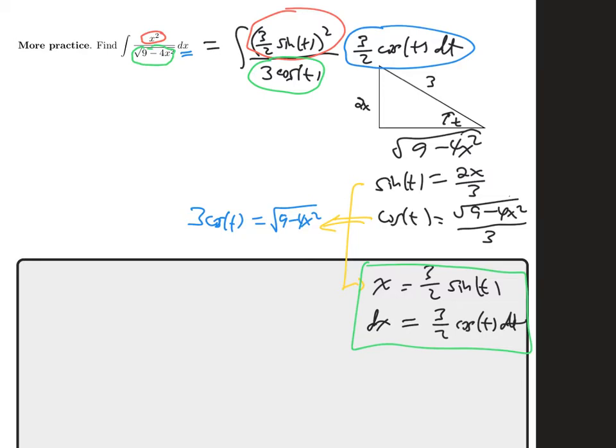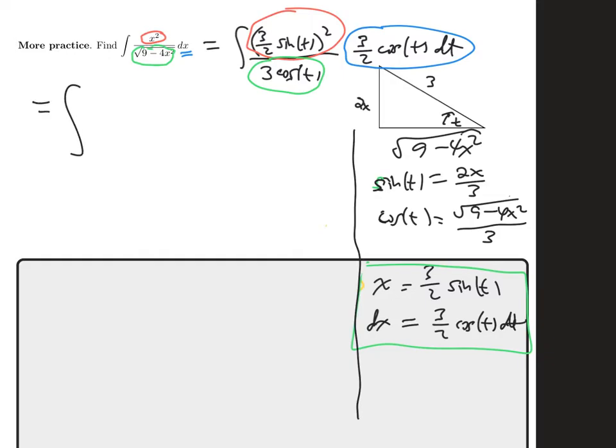Okay, so I'm going to erase the stuff below now so I have room to write some more. I'll leave this stuff here. So my integral, let me get my constants first. So I have 3/2 squared.